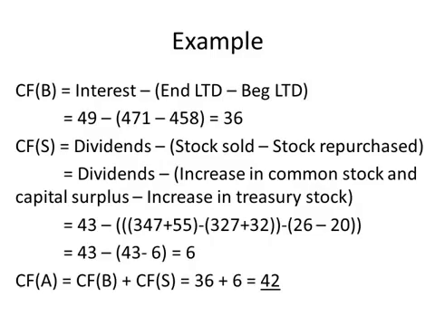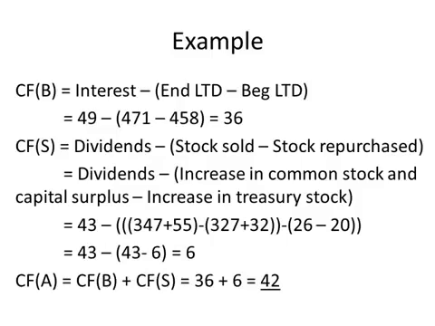What that means is long-term debt went up by 13 over the period. An increase in debt would be a cash flow from creditors, and so that's why this change has a minus sign in front of it. So we wind up with 49 minus 13 being equal to 36. So our cash flow to creditors is 36.